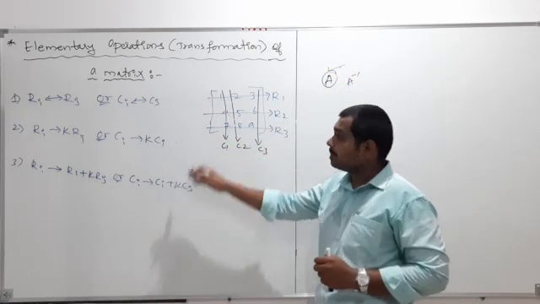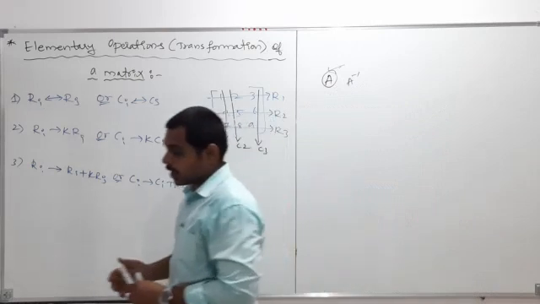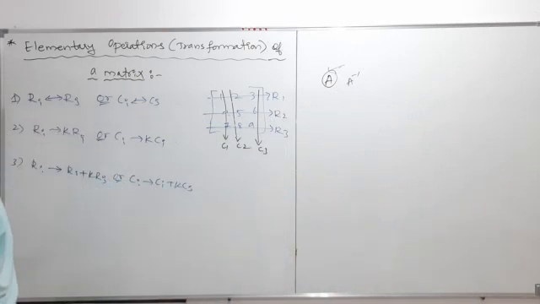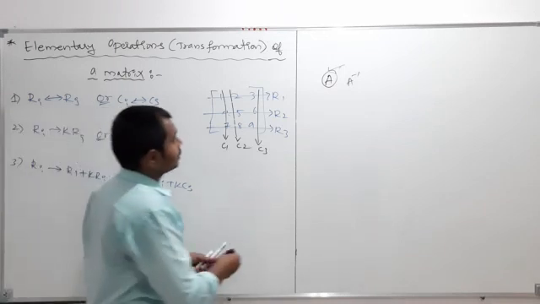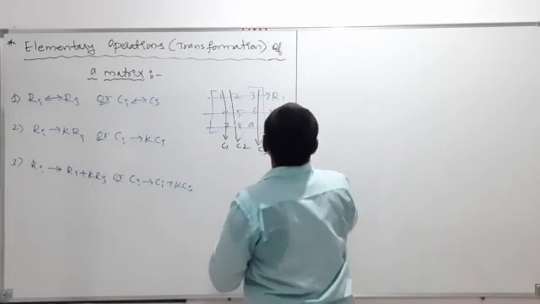By using these operations, I am going to find A inverse. Clear? I hope you understood, my dear students. First of all, I'll take one example so that you can easily understand.